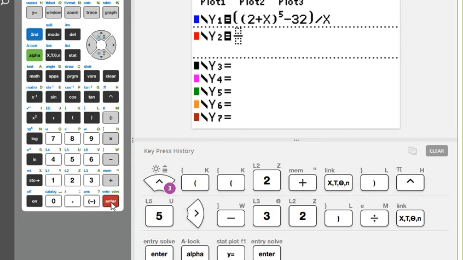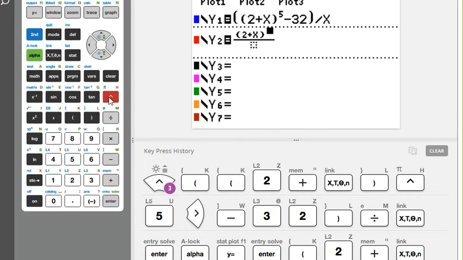So if you press enter, now it's not a forward slash anymore. It's got this numerator and denominator. Now we can just do parenthesis 2 plus x raised to the 5th minus 32.